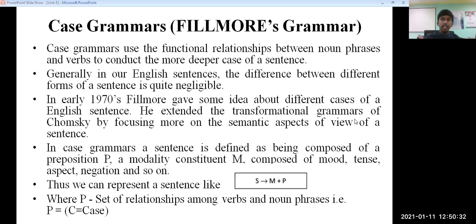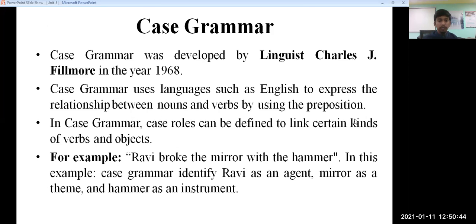Generally in English, the difference between different forms of sentences is quite negligible, so you will have sentences which are very highly correlated. The same sentence can be written in a different manner also. If you take English with respect to US people, their syntax or context may be different, so the same sentence can be written in very different manners.